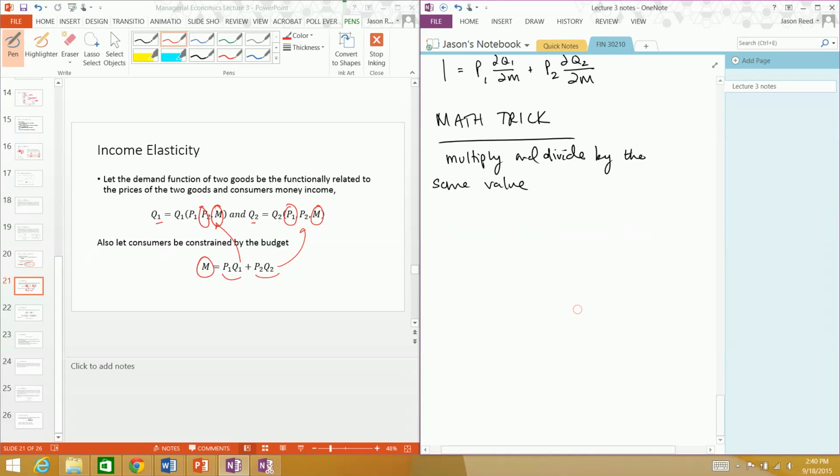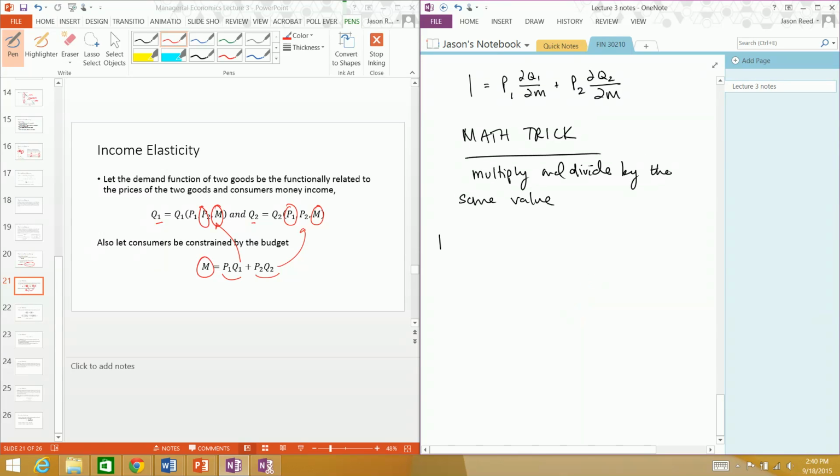So the math trick is going to be this. We have 1 is equal to P1 times Q1 divided by Q1 times M over M. Again, nothing changes. Times dQ1/dm plus P2 Q2 over Q2 times M over M dQ2/dm.